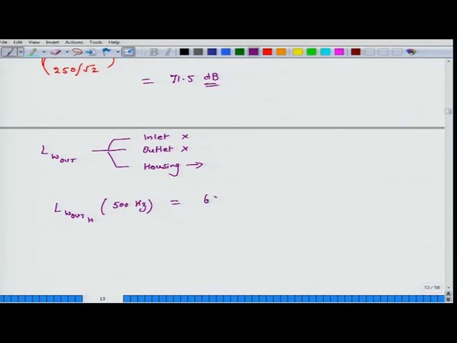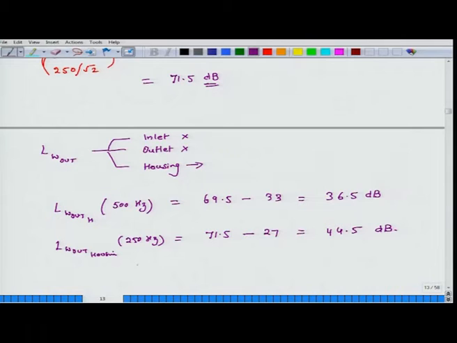69.5 minus, what is the number? 33. So, 6 minus 3, 36.5 decibels, and LW out for housing at 250 hertz is what? 71.5 minus 27, and that comes to 0.5, 11 minus 7 is 4, 44.5 decibels.